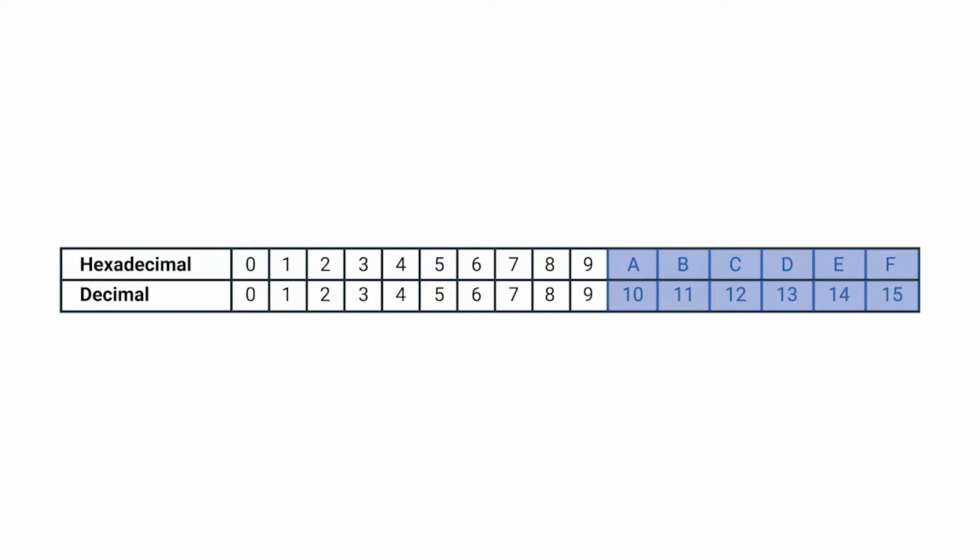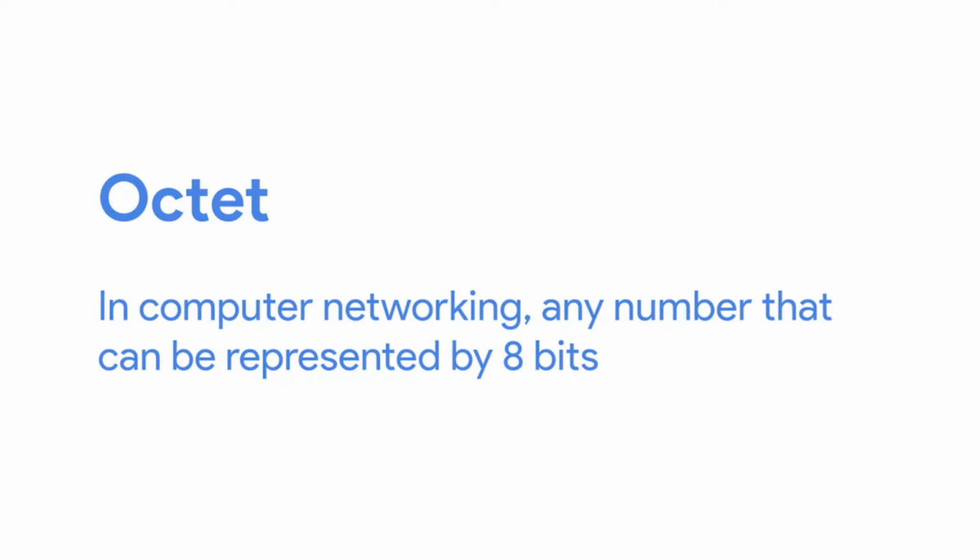Another way to reference each group of numbers in a MAC address is an octet. An octet in computer networking is any number that can be represented by 8 bits. In this case, 2 hexadecimal digits can represent the same numbers that 8 bits can. Now, you may have noticed that we mentioned that MAC addresses are globally unique, which might have left you wondering how that could possibly be.